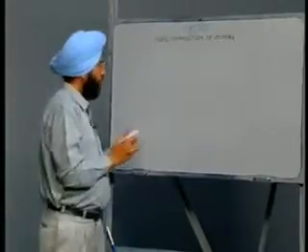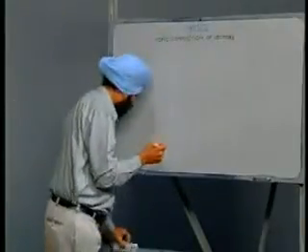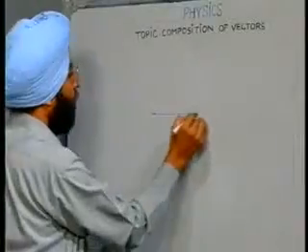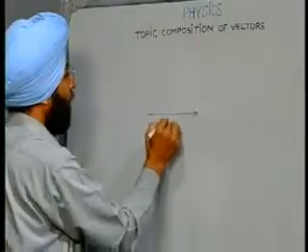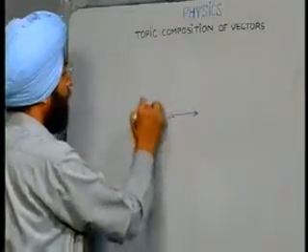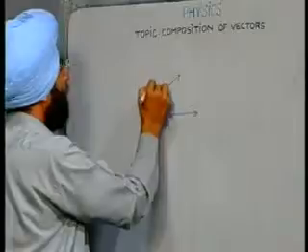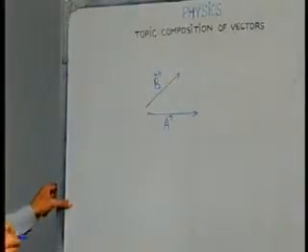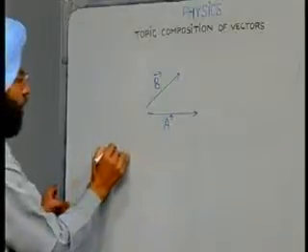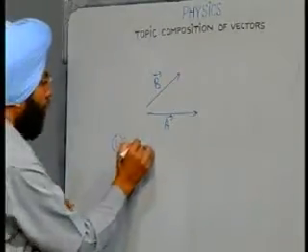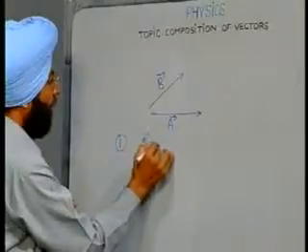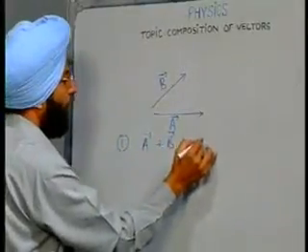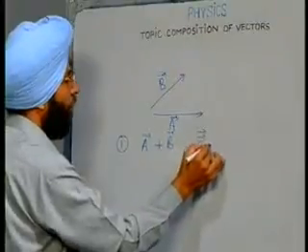Now, suppose we have two vectors, A vector and B vector. When we add the two vectors, we are to see whether A plus B is equal to B plus A or not.